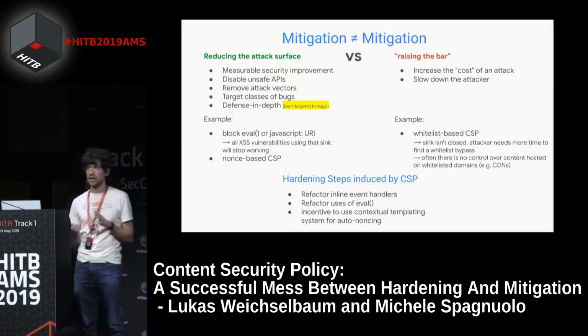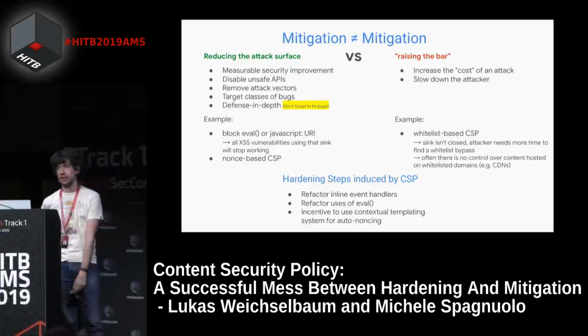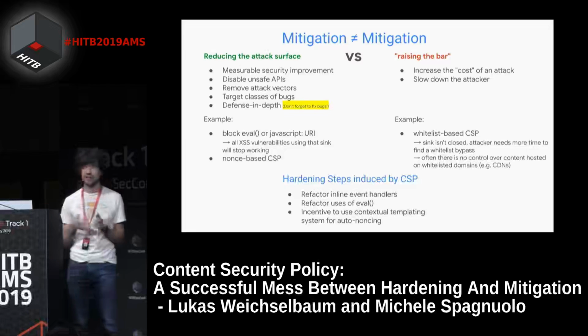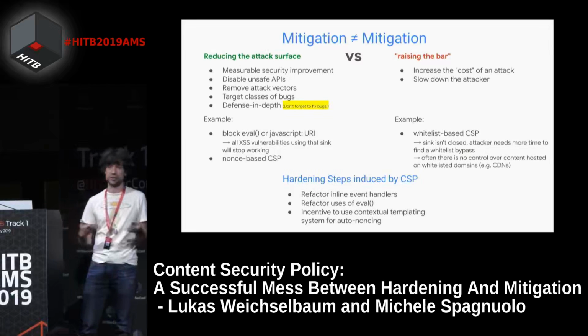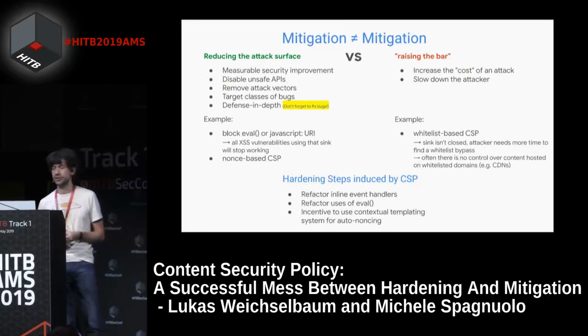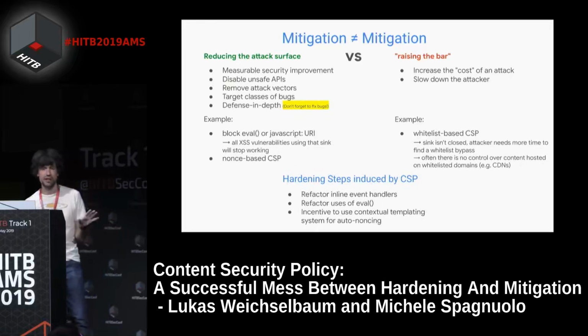And here, even before talking about CSP in particular, I'd like to spend a moment distinguishing between a good mitigation and a so-so mitigation. So we hear about mitigations in many ways. There are some people that advocate for them. There are some people that just hate them and say that they are just raising the bar, so they are just making exploitation more costly, but they're not solving the underlying issue. Everyone here has a point. What I'd like to distinguish here is that it's true that there are some mitigations whose only aim is to raise the bar.